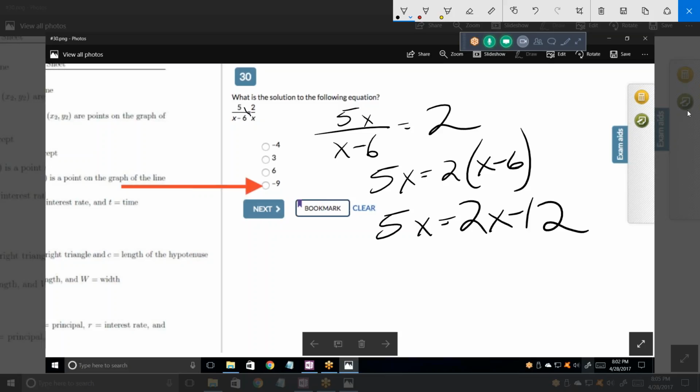Gathering like terms means getting all the x's on one side, all the numbers on the other. So what's the next line I should write? So 3x equals negative 12. Which means x equals negative 4. There you go.